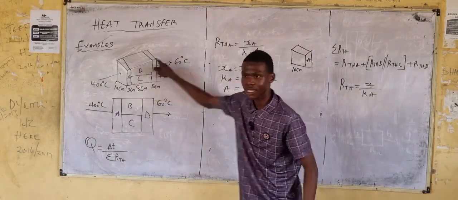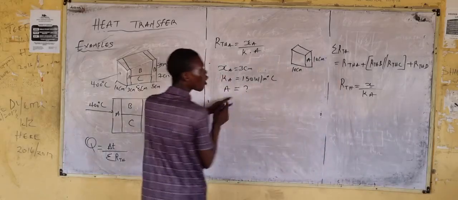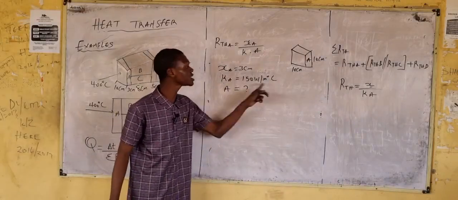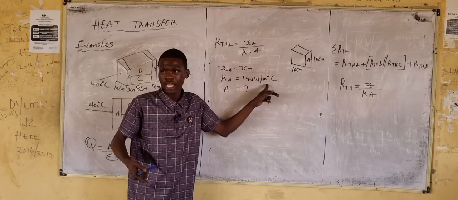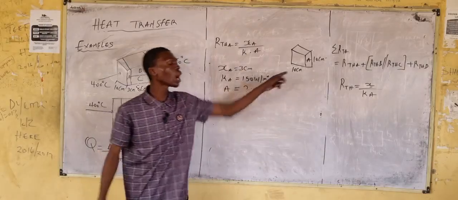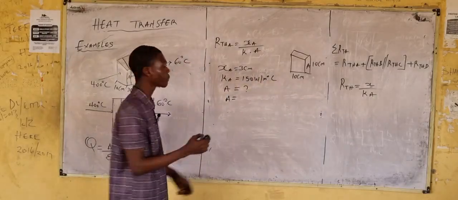This is wall A, 10 centimeter. So, for the area of wall A, observe, your thermal conductivity is in meter and not centimeter. It means you have to convert from centimeter to meter. Convert 10 centimeter to meter, we have 0.1 meter.